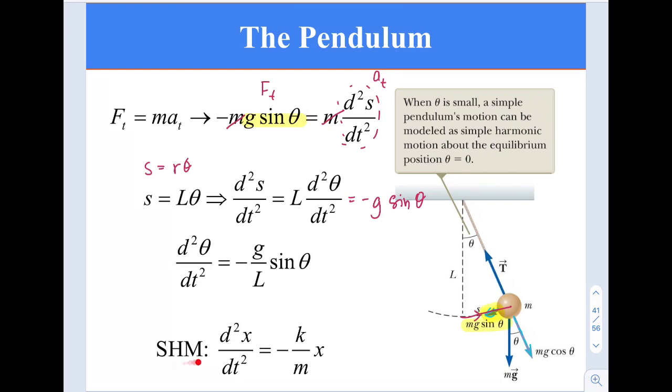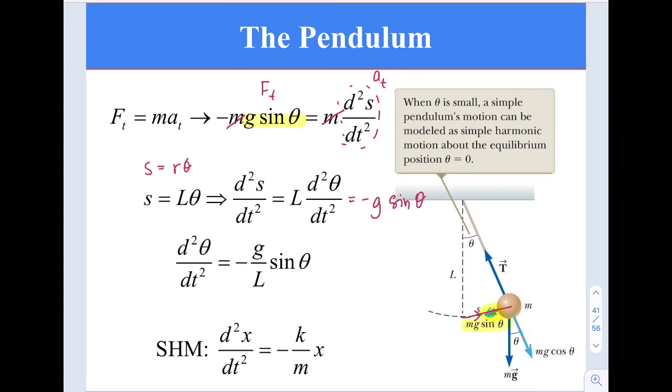Bear in mind, for simple harmonic motion, you always have to remember our reference here: d squared x over dt squared is equivalent to negative k over m times x. The pattern here is almost the same as this pattern.